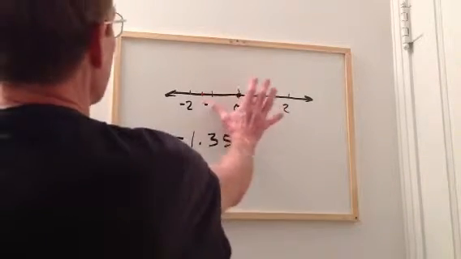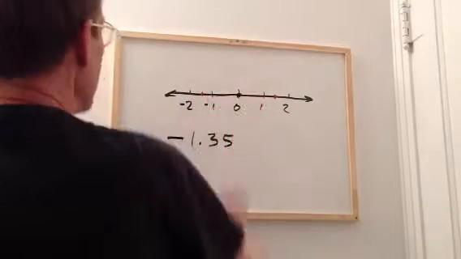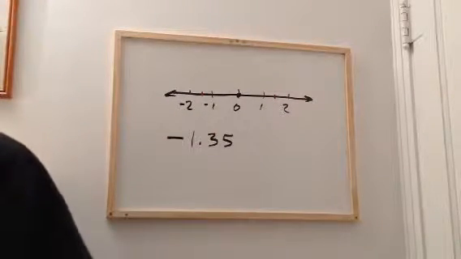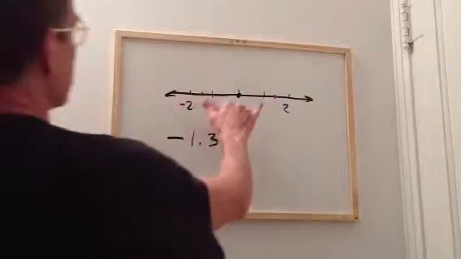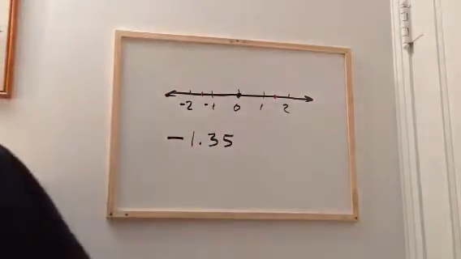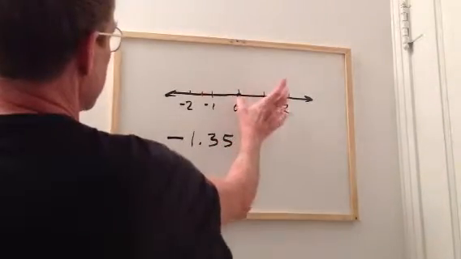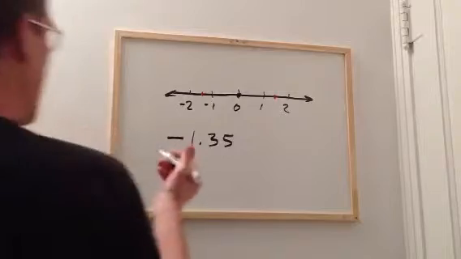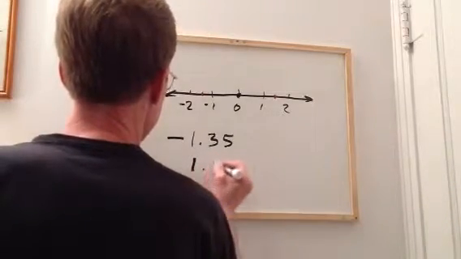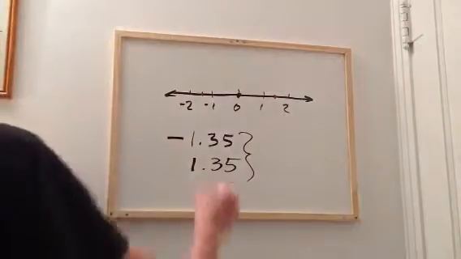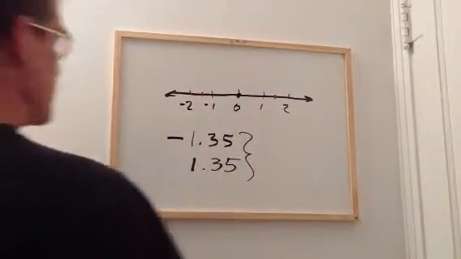We get into trouble because when we want to express a simple displacement or distance, there's a difference. Displacement suggests direction, but distance simply suggests extent. Both 1.35 and minus 1.35 are the same distance from zero on this line.